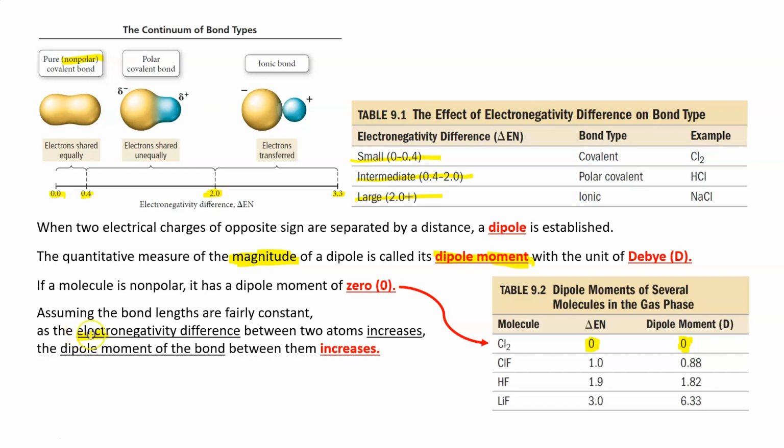So it makes sense, as you look at what we have down here, as the electronegativity increases, the dipole moment also increases. The strength of that dipole.